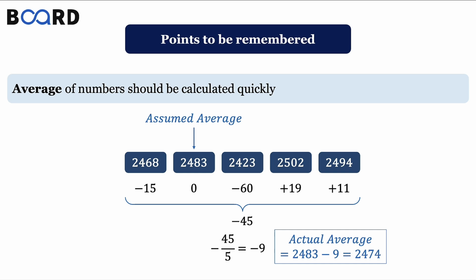So that way we can reduce our calculation effort. As you can see, the addition only required 2-digit numbers, that too 4 of them, one of them is 0, right? So the numbers become smaller, and the overall hassle becomes quite smooth. So that's the second point which I want each and every one of you to remember.